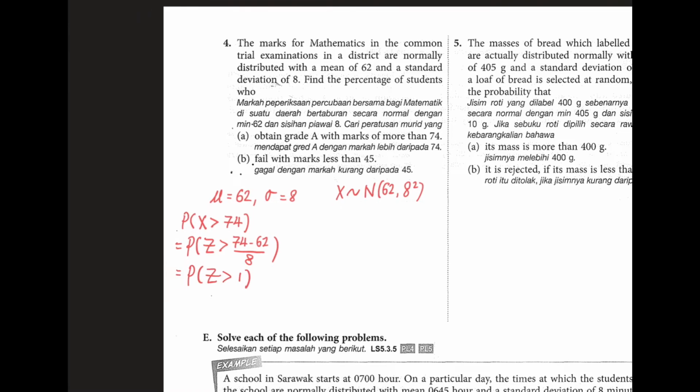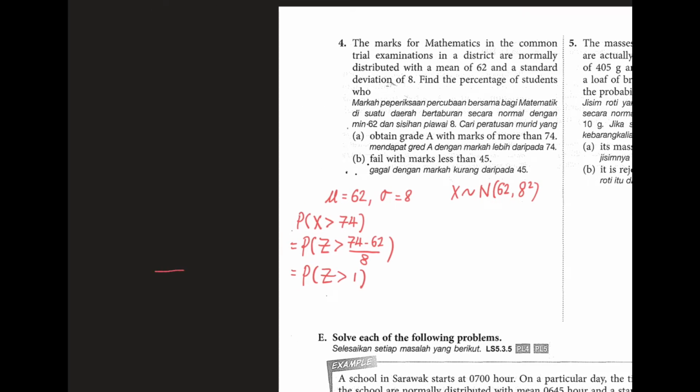Of course, when you look at the graph of this z-score, you know this is the standard graph. The maximum point of the bell-shaped graph is at the vertical axis. This is called fz. Z, 0 is here, 1 is here, more than 1 is here.